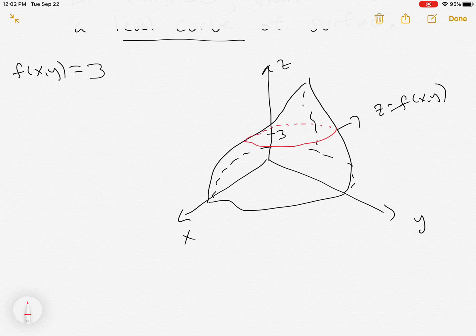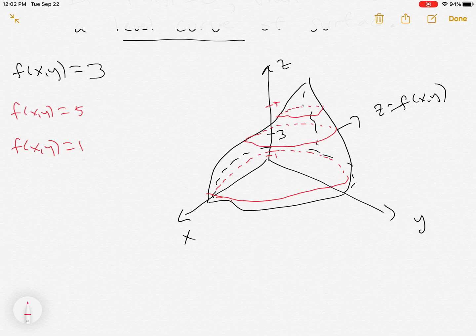And similarly, if I said let f of x, y equal 5, which is up here, I also get this one at 5, right? Or if I let f of x, y equal 1, which is down here, I get this curve along the outside.